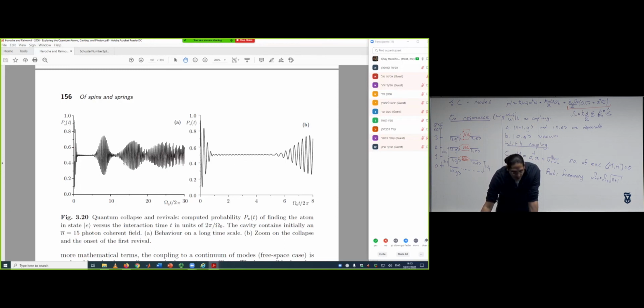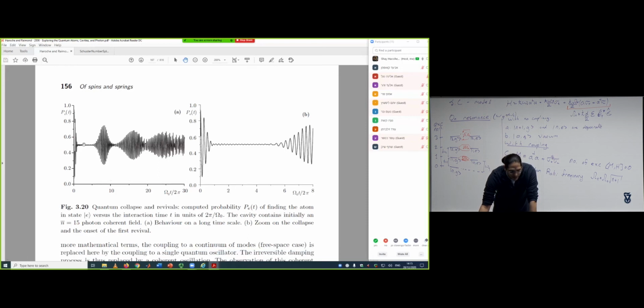So you're getting these revivals. And as you go to longer and longer times, it gets crazier and crazier, and it highly depends on what your initial state is. Here in the simulation, the cavity has a coherent state with average photon number of 15.